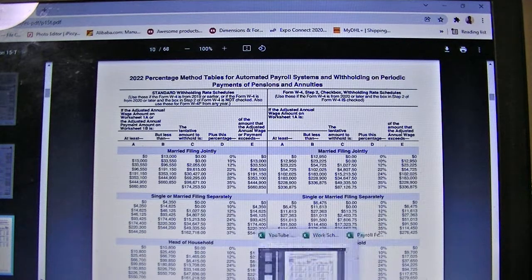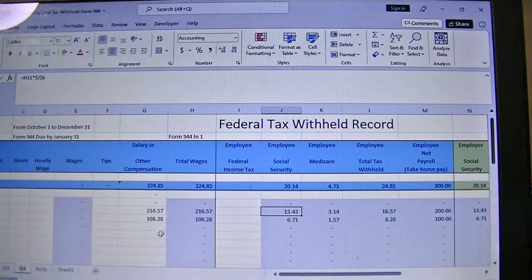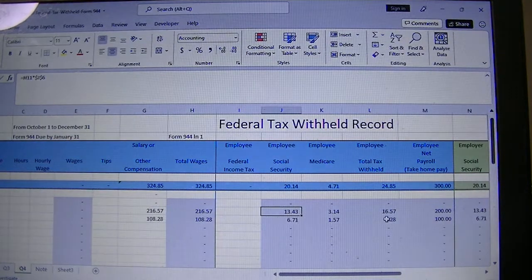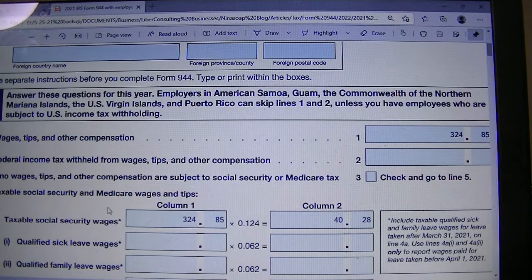You are going to go to your spreadsheet and change the amount here, because how much you collected is going to be the net, but you need to back into it by putting the federal income tax that you should have paid based on your annual salary. You will back into it and calculate the Social Security and Medicaid tax on it as well. So now let's go back to our form. Line 2 for us, because we don't have anything, we left it blank.